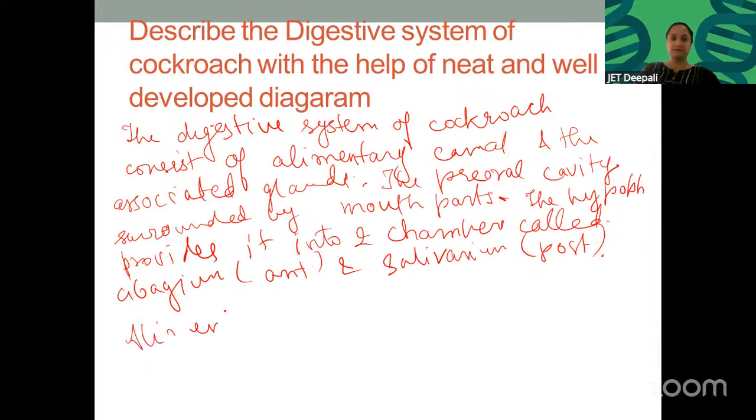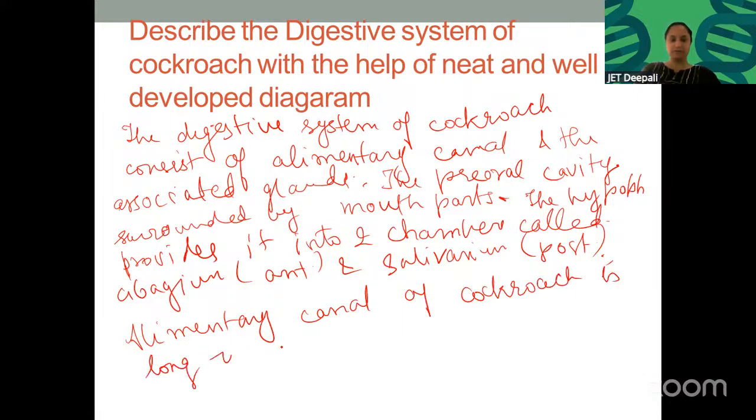The alimentary canal of cockroach is long, tube-like, and coiled at some places.